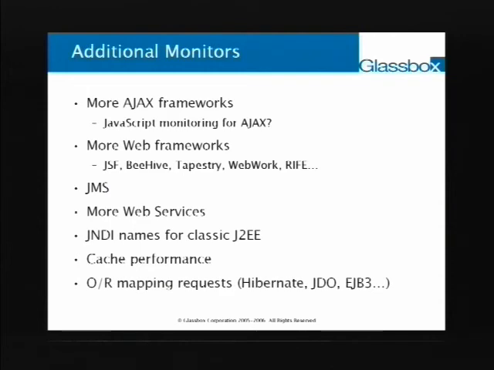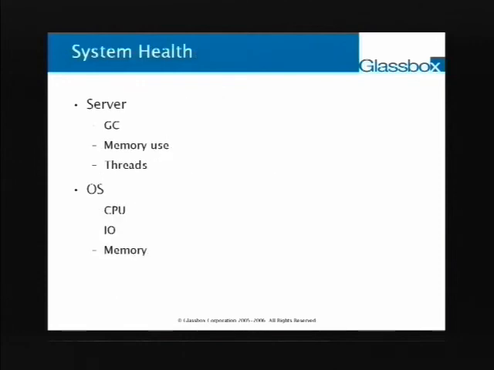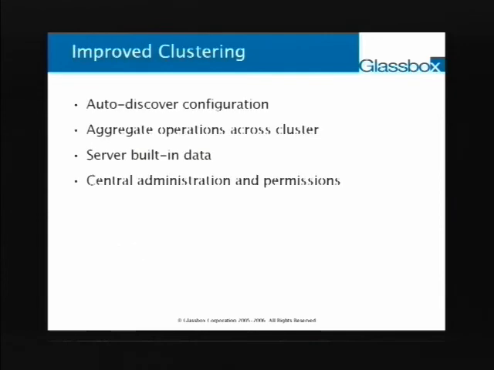And certainly one of the things that we've designed is to make it easy to extend the system so that anyone who has a need for one of these could make a contribution back and share it with the community, so that we're not writing and debugging monitors for every framework in the world, but it becomes very easy for the community to contribute and maintain its own set. And we talked briefly about being able to reach out and have more data about system health. We think that's going to be important going forward with Glassbox as well.